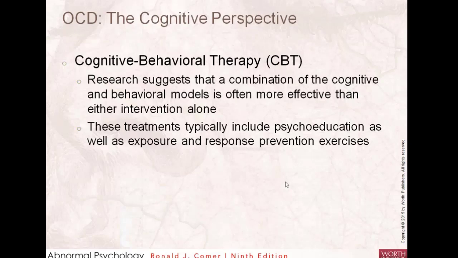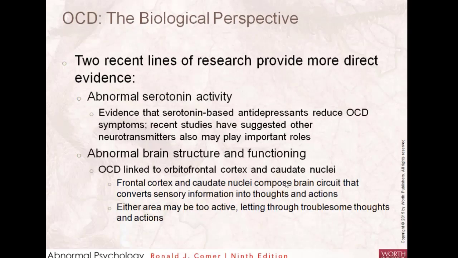So we combine the cognitive aspect with the behavioral aspect that can be very helpful, and if needed can also be combined with medication. So when we're talking about medications for OCD, the biological perspective is that there's something wrong with the brain that causes OCD to happen. One of the most common perspectives here has to do with serotonin.